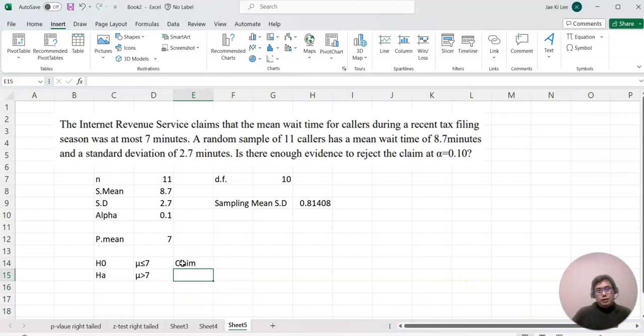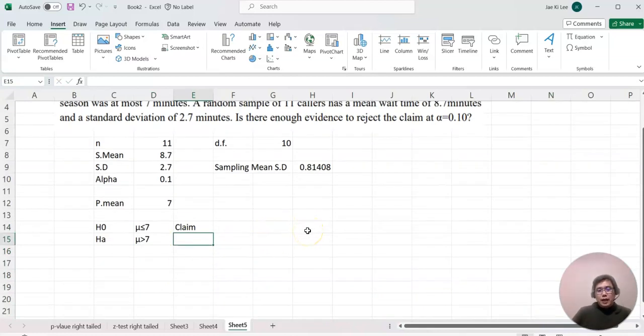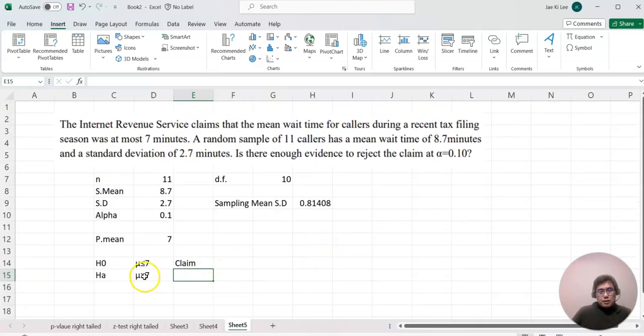Okay, so now let's find the t critical value. This is a right tail test. When alpha equal to 0.10 is on the right side, the left side area becomes 0.90 instead.